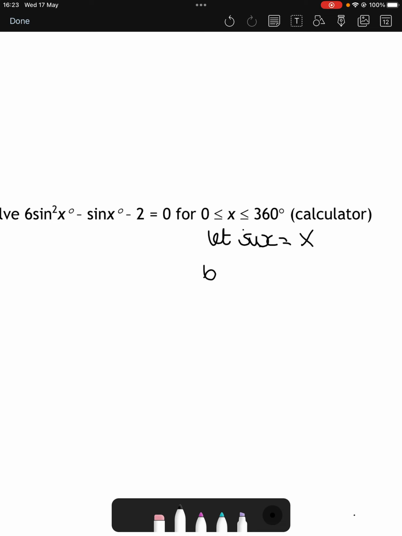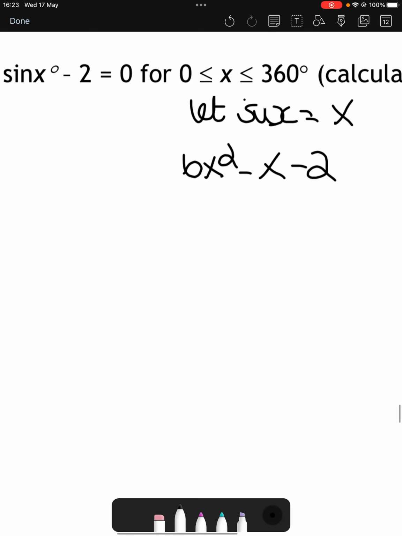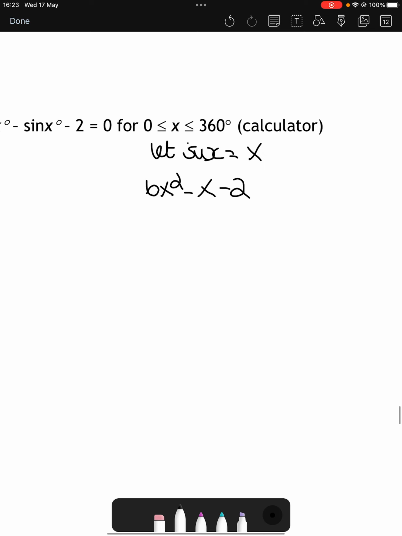So 6x squared minus x. Because it's a trinomial, we're eliminating the sine x's so we can factorise it easier. You can factorise any way you want. A times C and B: we have 6 times negative 2, negative 12, and negative 1.